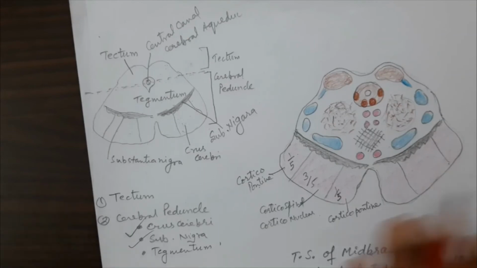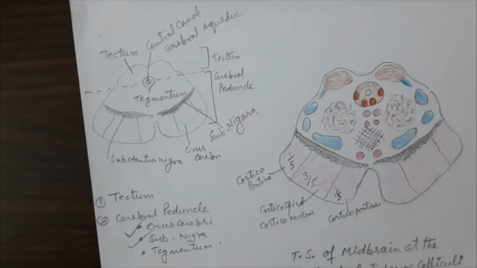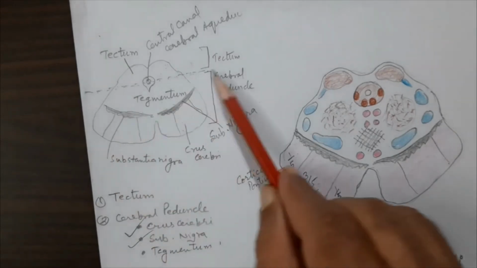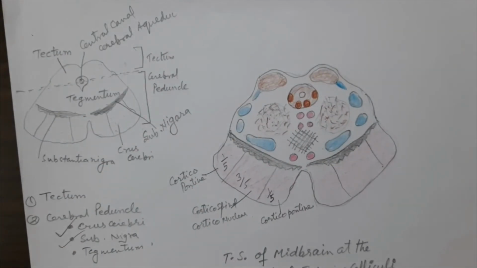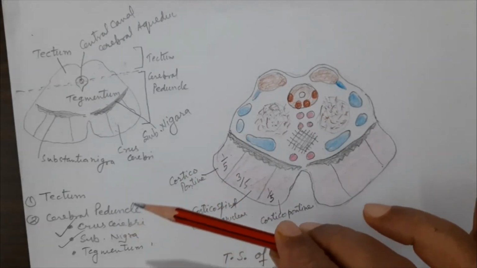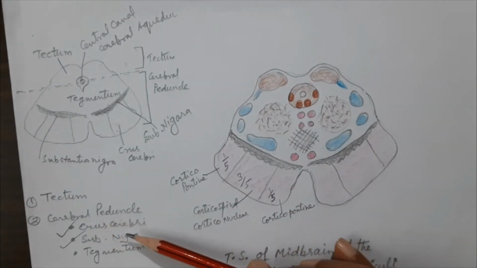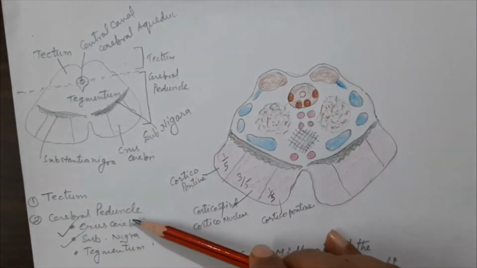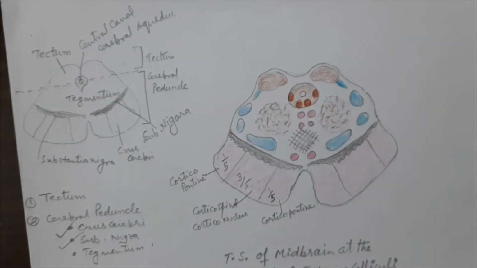So this is how I have explained the external features, that is, the ventral, dorsal and lateral surfaces of the midbrain, and I have cut a section passing through the midbrain to explain how it is divided into the tectum, the dorsal part, and the cerebral peduncle, the ventral part. Further, the cerebral peduncle is divided from ventral to dorsal into three parts: the crus cerebri, the substantia nigra, and the tegmentum.